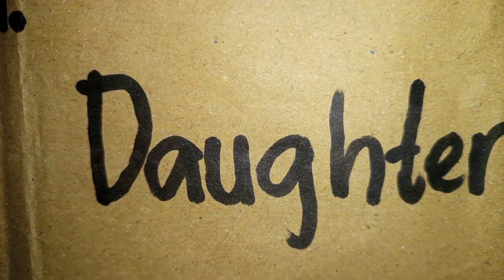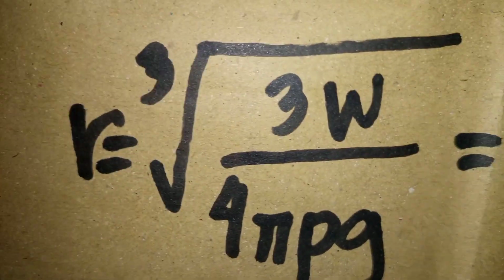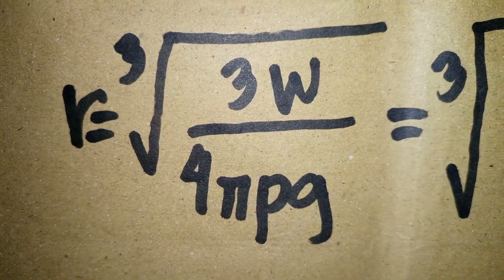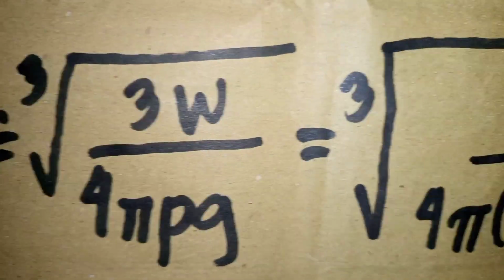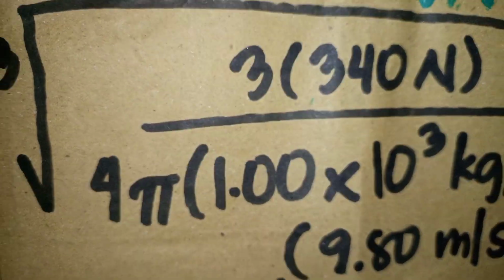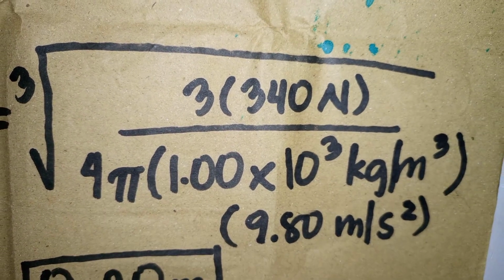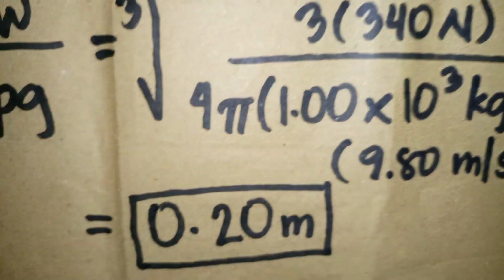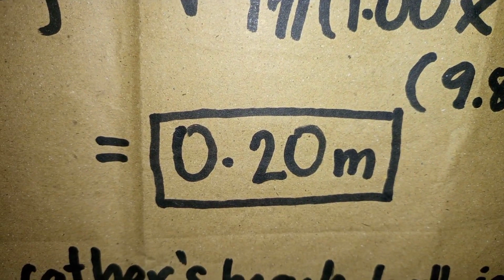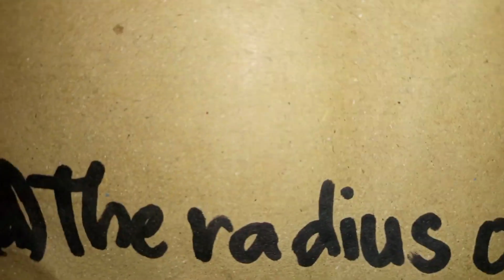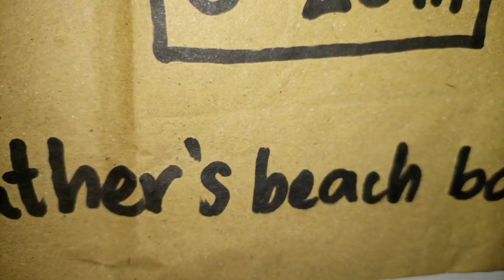So it equals 0.27 meter. The daughter is the same: her weight is 314 Newton. Then we just copy the same formula, then solve, and it equals 0.20 m. So the radius of the father's beach ball is greater. So that is the answer for our buoyant force.